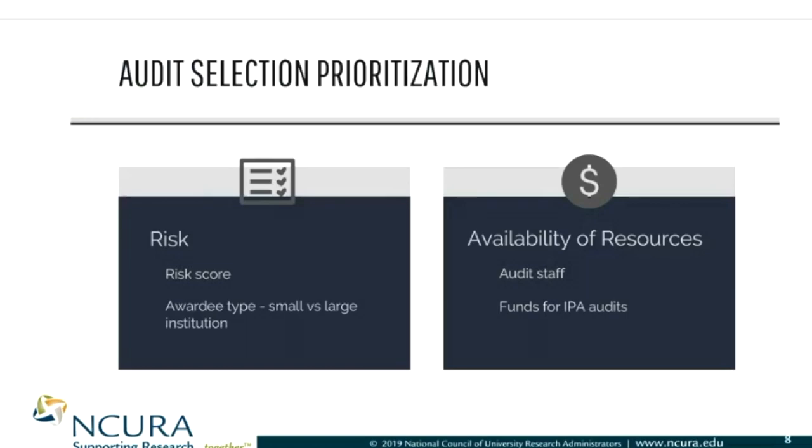One thing that we've found recently is that risk is often greater at smaller institutions, and not because they are willfully doing a bad job or not willing to follow NSF's or federal regulations. We find that with smaller staffs and fewer resources to administer sponsored projects, there's just a little bit more risk involved in administering NSF's funds.